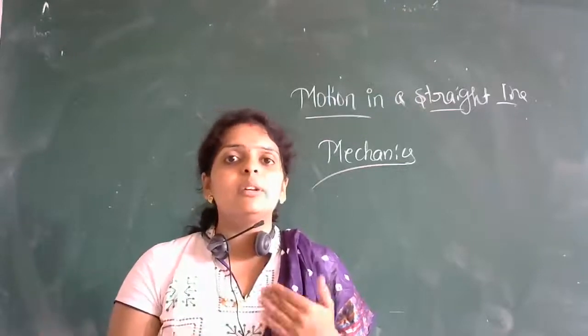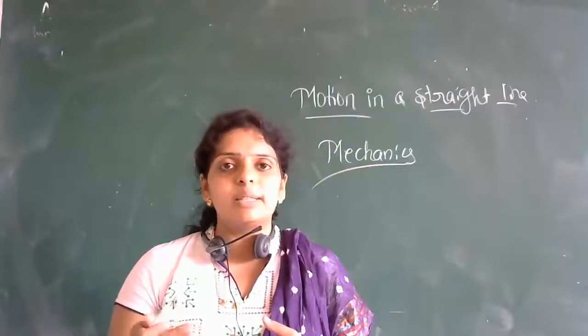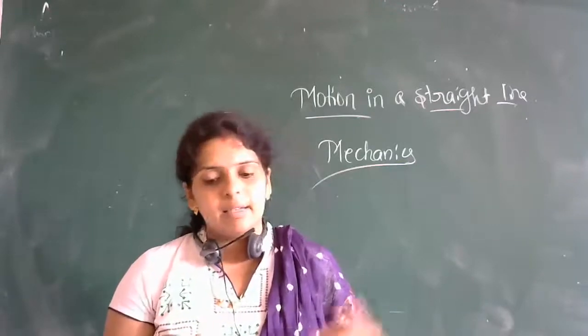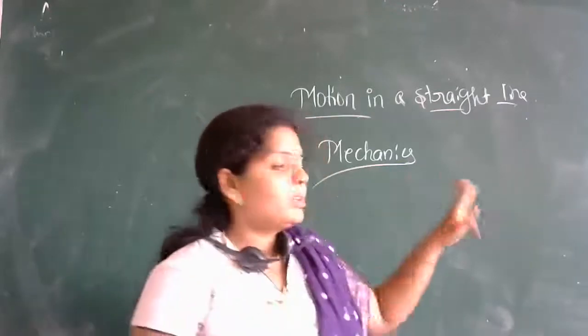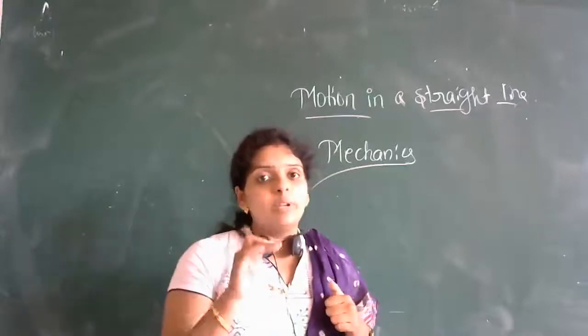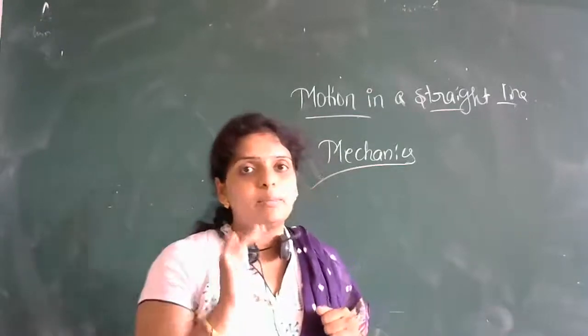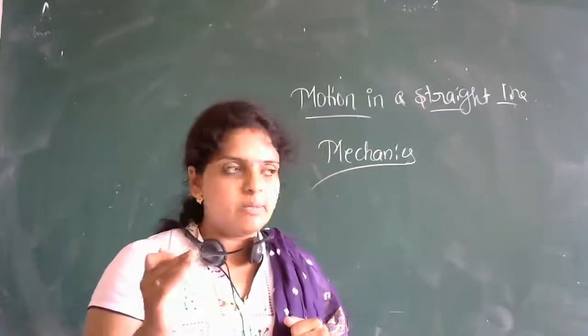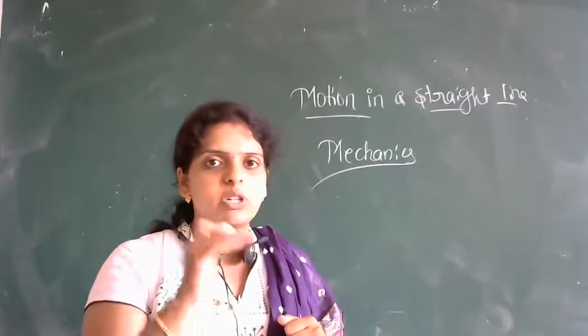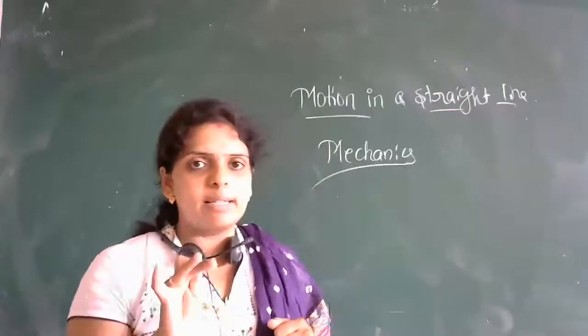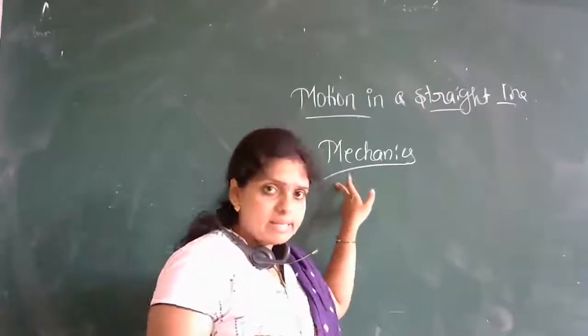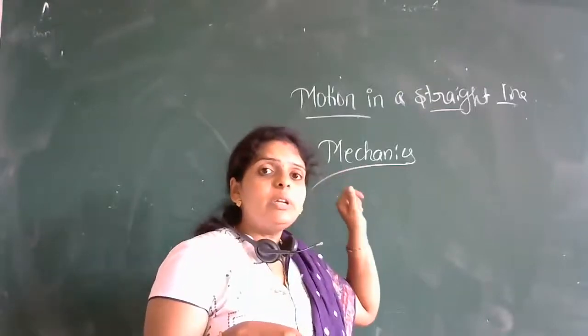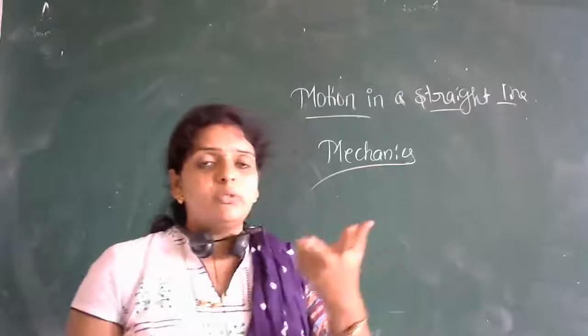So related to the motion and rest of a body, you will study it under mechanics. So mechanics is nothing but the branch of physics which deals with bodies under motion or rest.